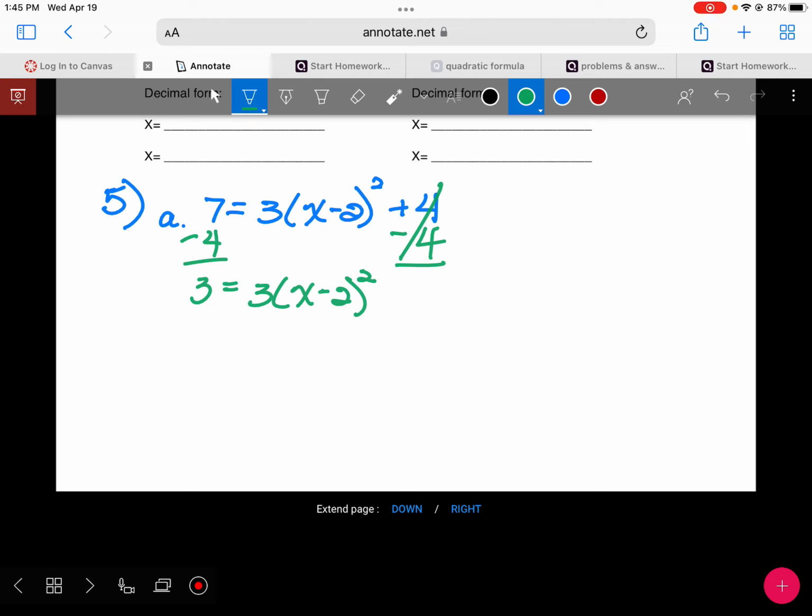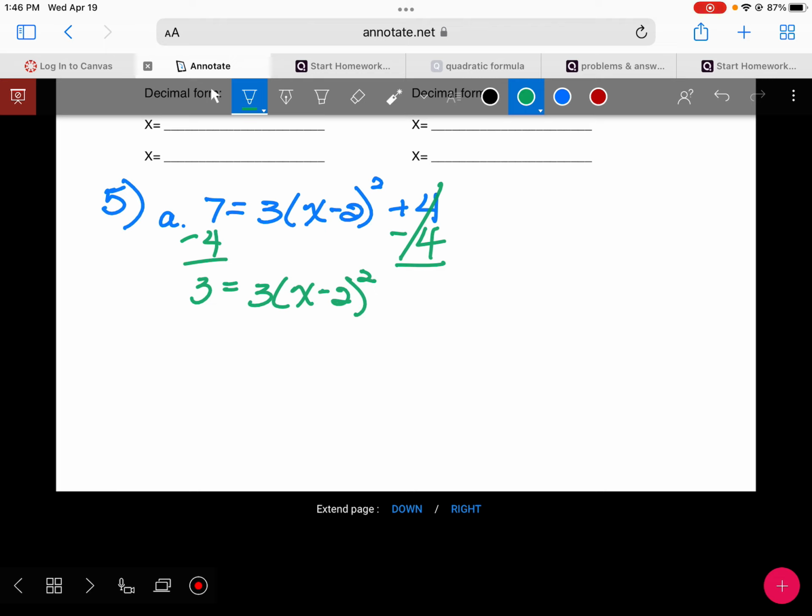All right, I'm trying to get that (x minus 2) squared by itself. So what would I do next? I want to get (x minus 2) squared by itself. Not subtract. What's happening between?